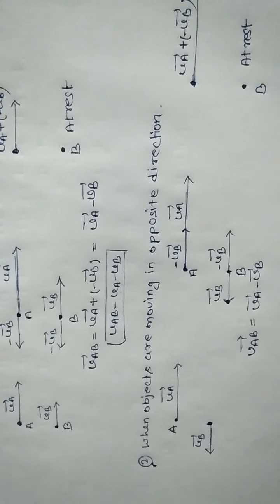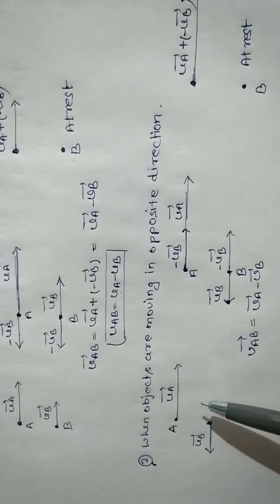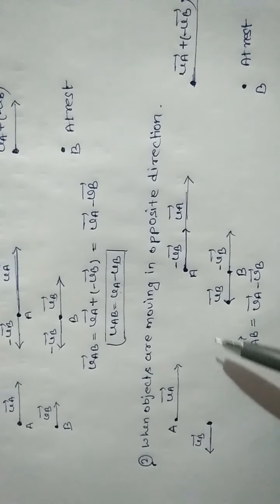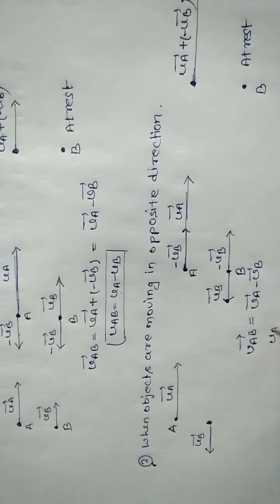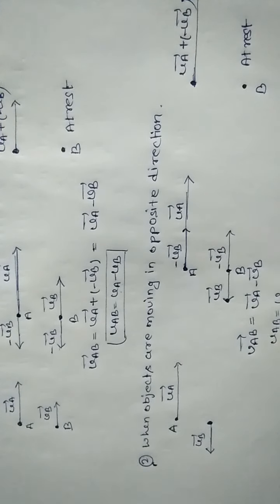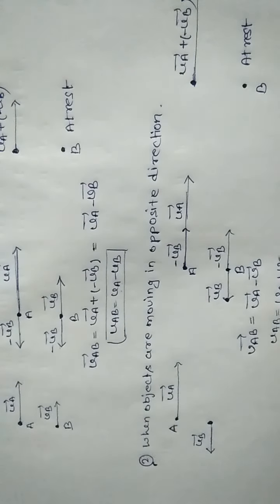Because the velocity VB has a direction opposite to that of VA, we have VAB is equal to VA plus VB.